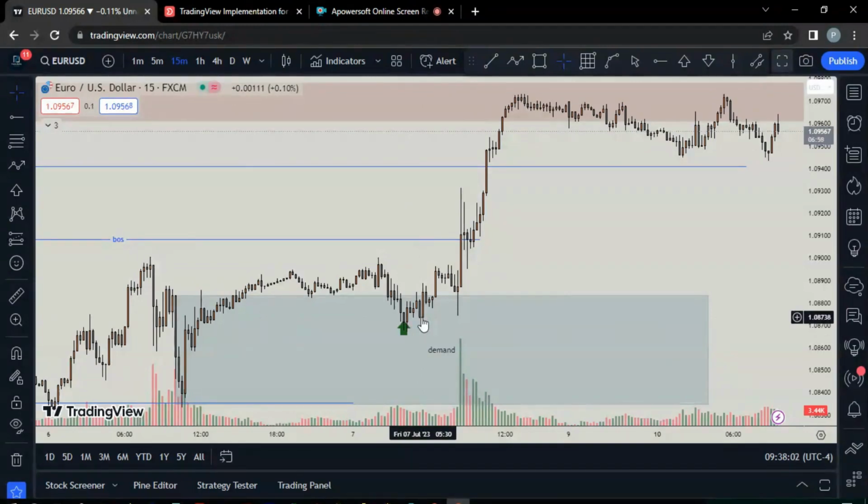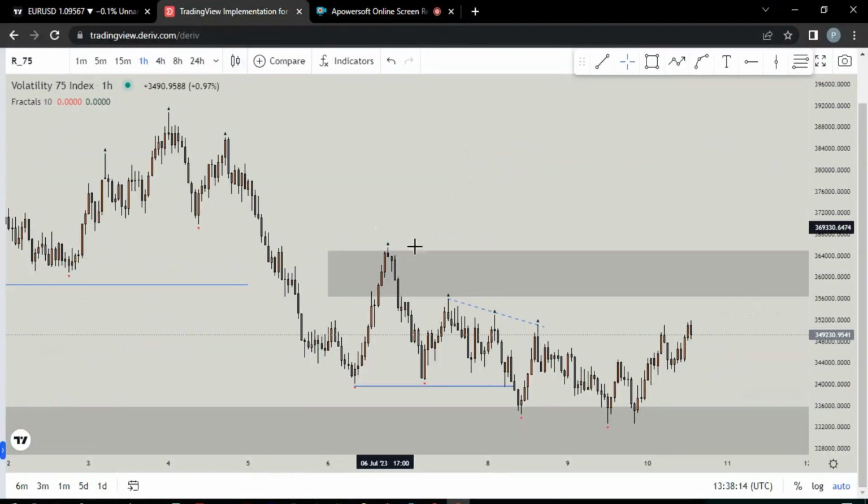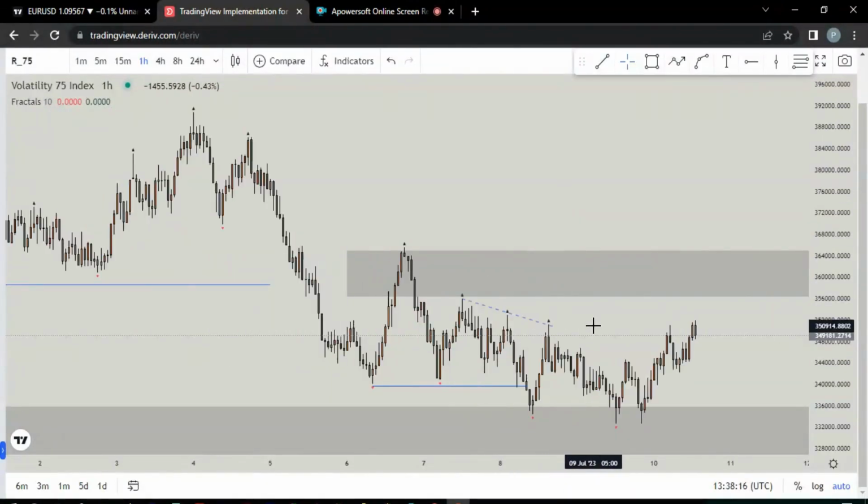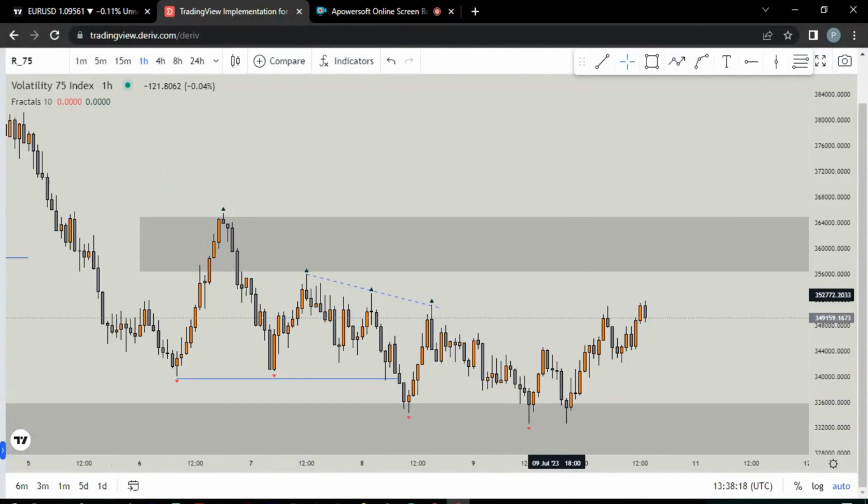A valid level of demand is where the market will come and tap into that level, and then it will buy. Likewise, if you've properly marked up areas or levels of demand and supply in synthetic indices or Volatility 75, trust me, you're going to be profitable.